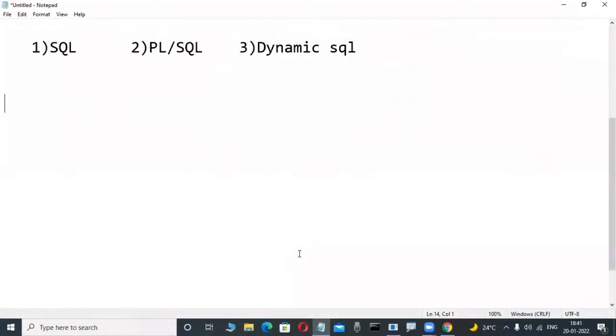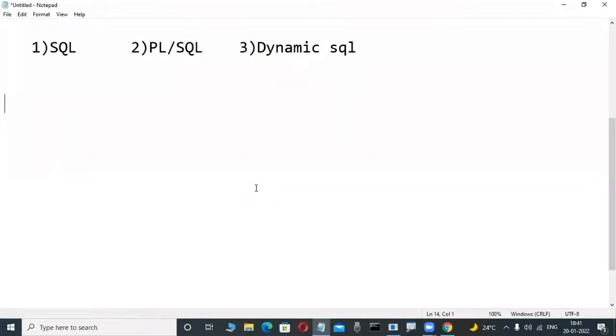From that SQL language, Oracle Corporation created their own SQL language, called Oracle SQL. That's why SQL is an ANSI standard language, conceptually the same in every database. Conceptually: what is a table, what is a procedure, what is a view, what are joins, what are subqueries, what are constraints, the same.